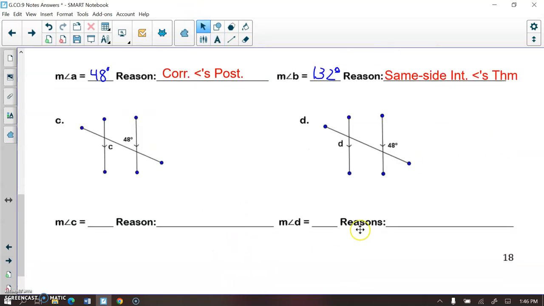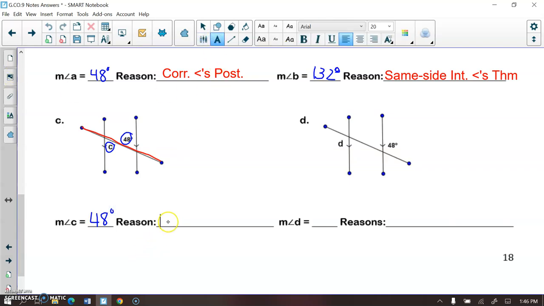All right, letter C. Looking at my transversal, both C and the 48-degree angles are on the inside of my parallel lines, and they're on opposite sides of the transversal. So that means that they're congruent by the alternate interior angles theorem.